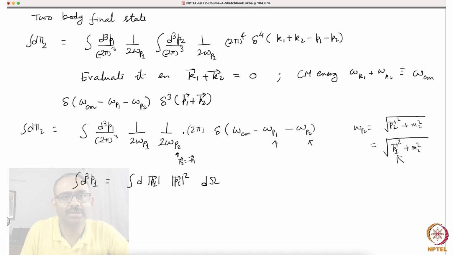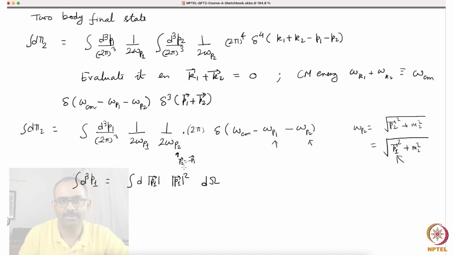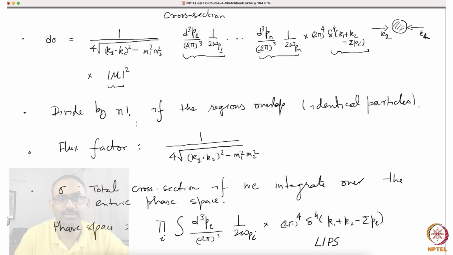Let's write this expression once, it will be useful. So I am writing d sigma over d omega. I am taking this volume element to the left side of this expression.